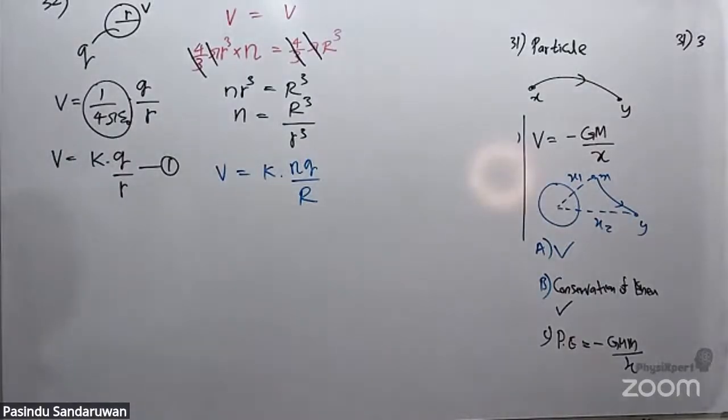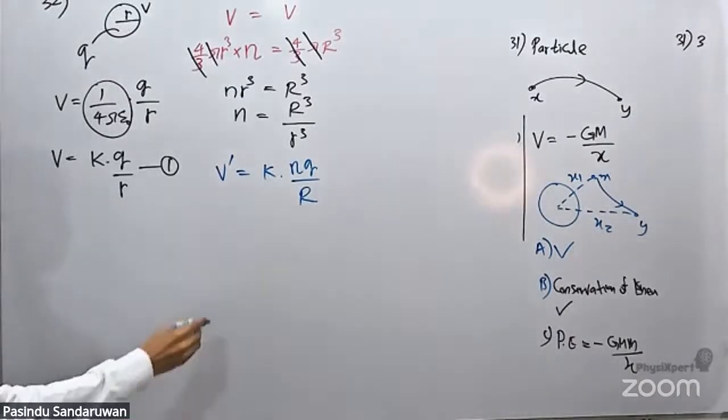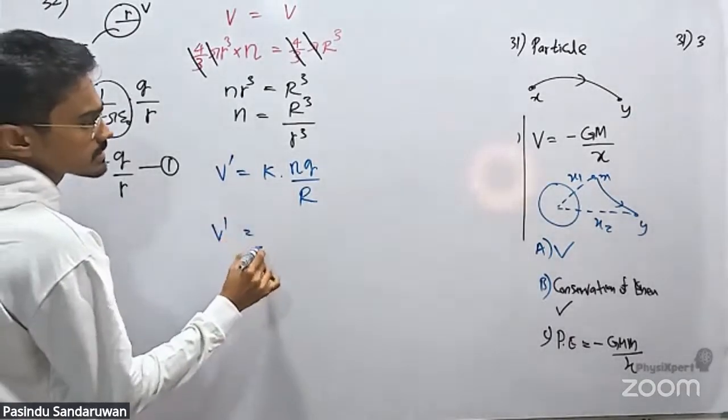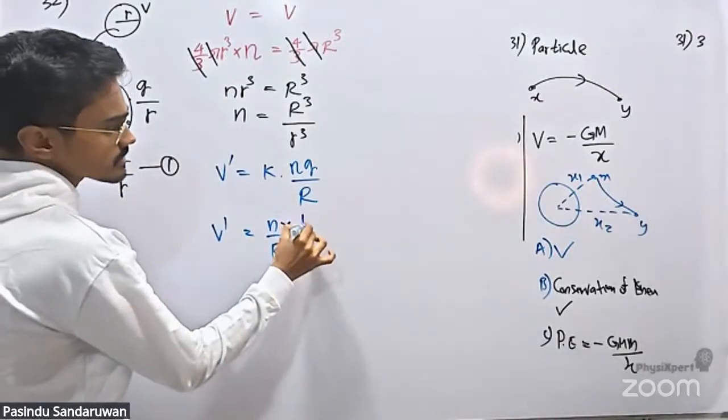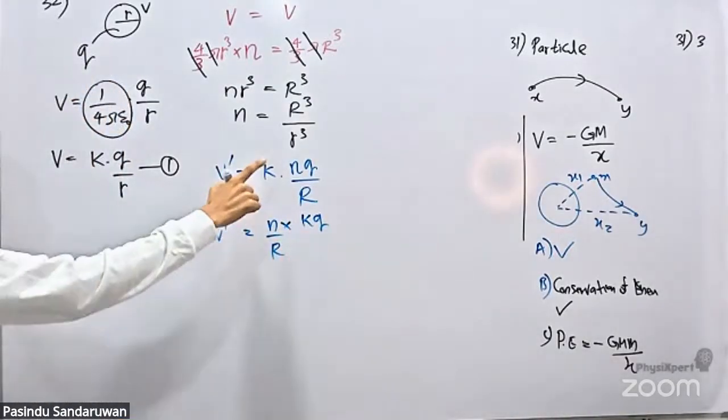I can write this as V dash equals n over capital R times KQ.